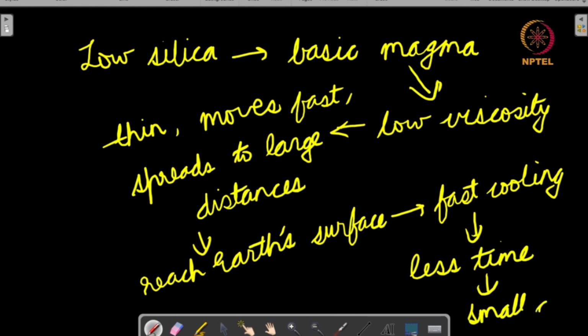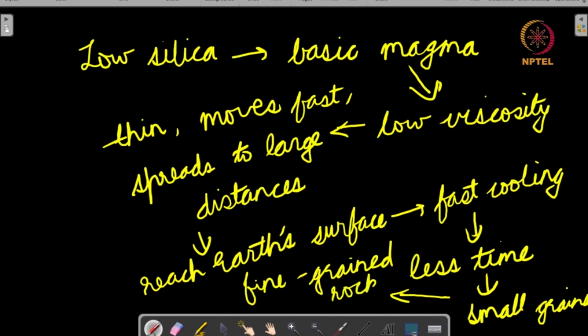So it has small crystals and small grains, and so it is a fine grained rock. So by knowing whether a rock is intrusive or extrusive, or by knowing whether it is coarse grained or fine grained, or by knowing its chemical composition, we can make a number of predictions about the other properties of these rocks.